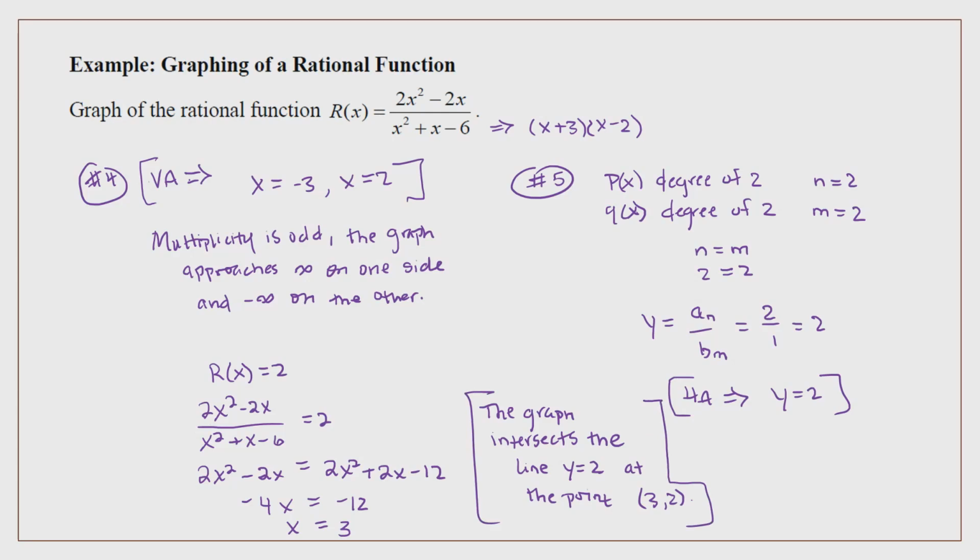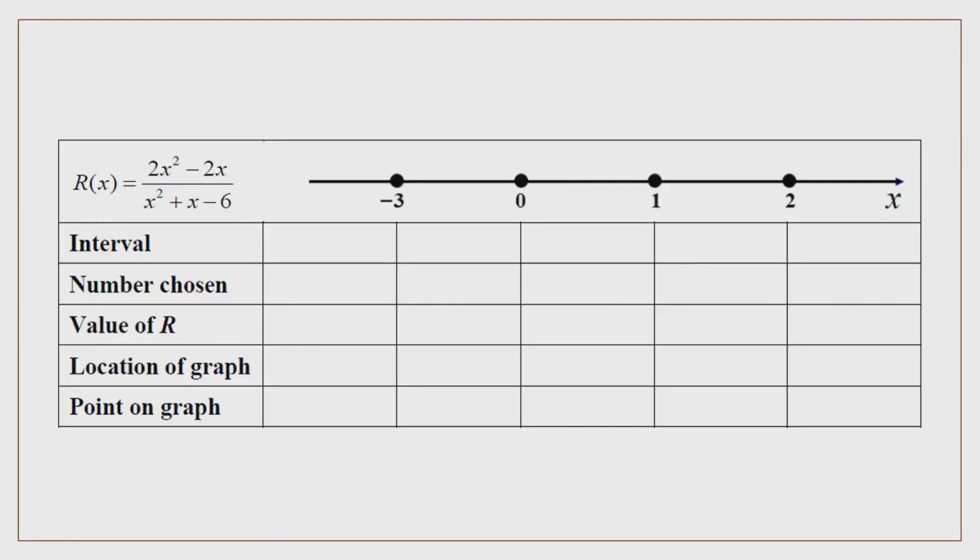Okay. Now we can take our zeros. We have negative 3, 0, 1, and 2. And we can find our 4 additional points. So let's find our intervals. So that's negative infinity to negative 3, negative 3 to 0, 0 to 1, 1 to 2, and 2 to infinity.